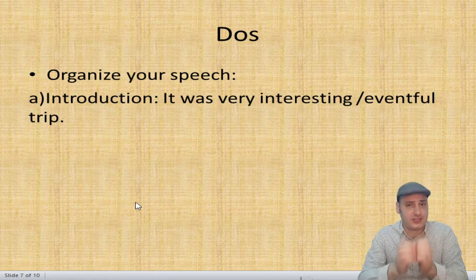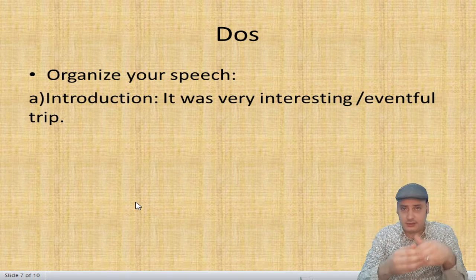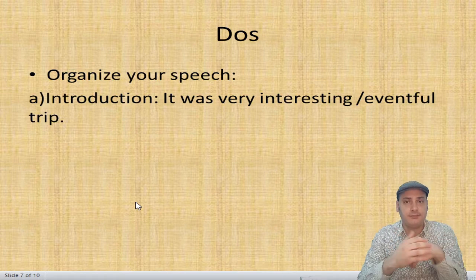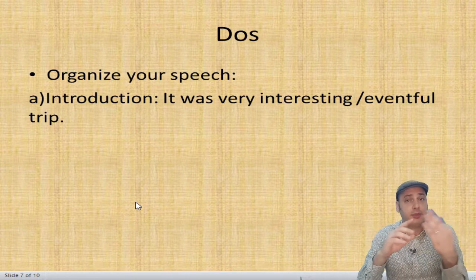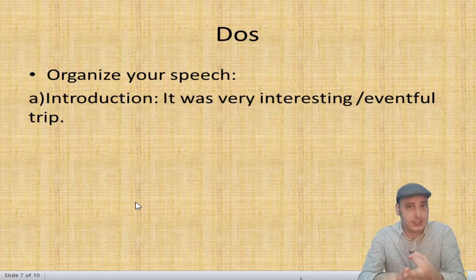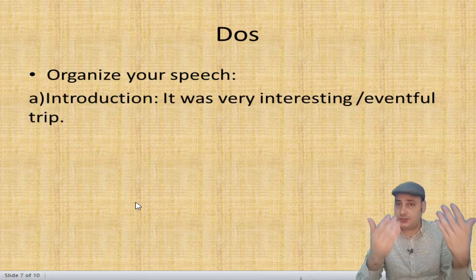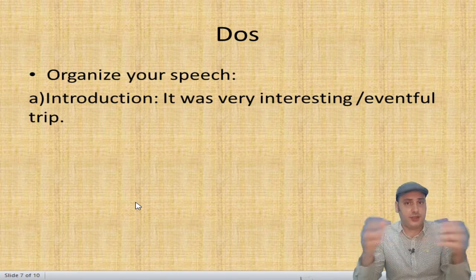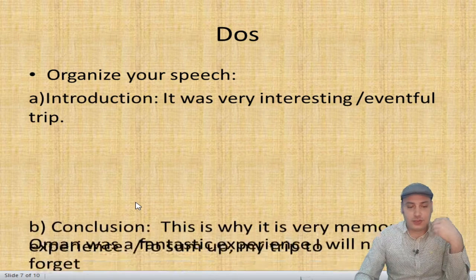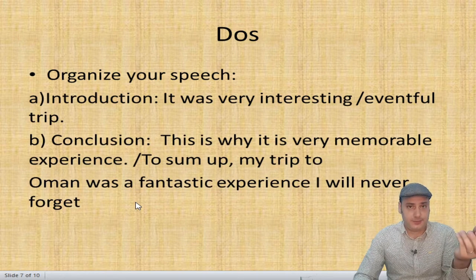It was actually a very interesting trip for many reasons. Okay, I can remember three important things in the museum. One, two, three. So try to organize your speech when you are in the body. Try to use an introduction. Try to use a conclusion as well.